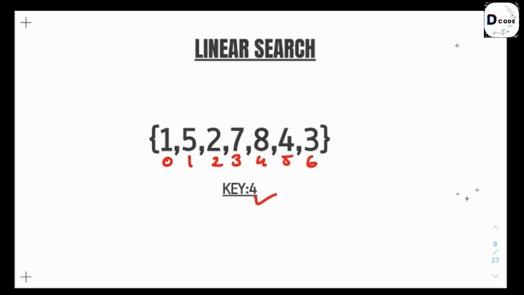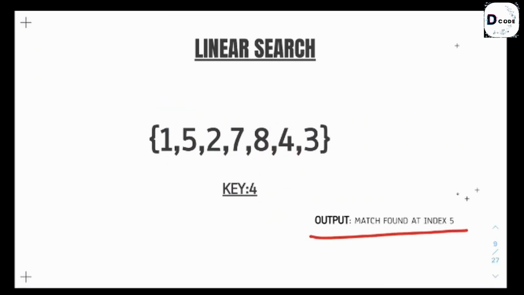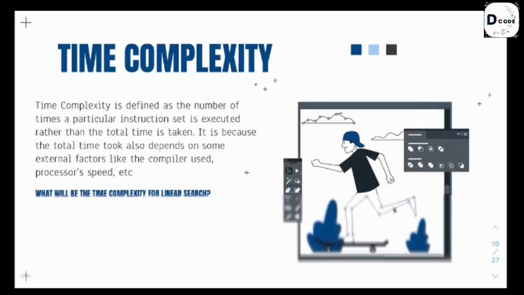Now for key 4, the compiler will first go to index number 0 and then will iterate by 1 each time. On its way, it will find 4 that is present at index number 5. So you're right, the output will be: match is found at index 5.